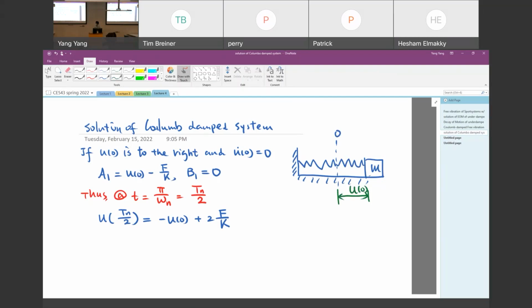If we introduce the initial displacement here, at t equal to 0, then when t equals td, we can get the distance u.